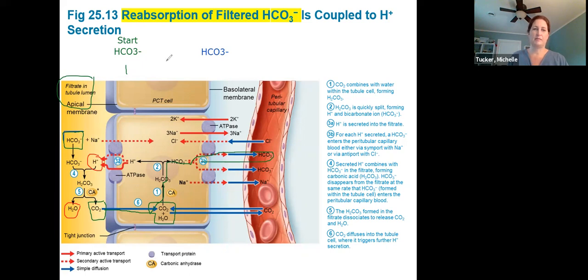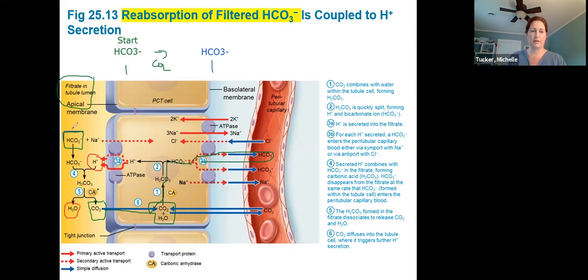So in this system, we start with one bicarbonate. It gets transformed into CO2, and then into carbonic acid, and then it gets returned as bicarbonate. So we start with one bicarbonate and we end with one bicarbonate.